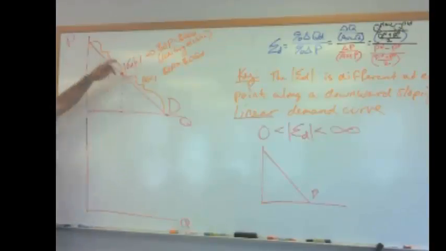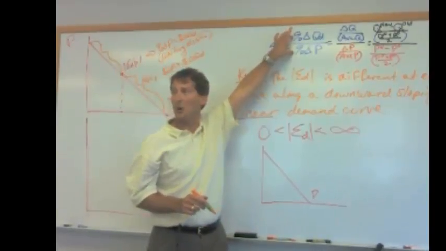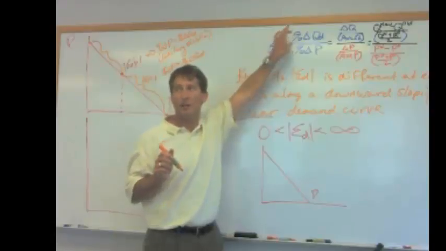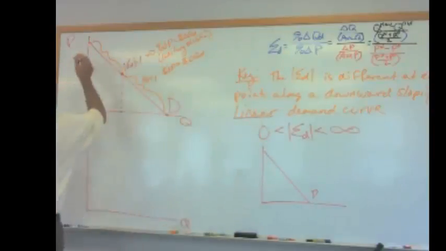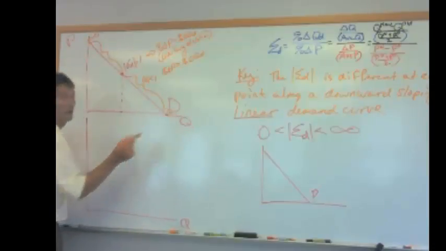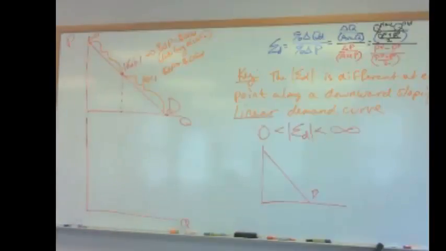Which one's bigger, the percentage change in quantity or the percentage change in price, as we get close to that endpoint? Quantity. So it's blowing up on us. So at this endpoint, it's infinity. At this endpoint, it's 0. There's your range of everything in between. If we were right on those endpoints, that would be close, but we never quite get there if we're actually looking at the ranges. So those are just theoretical endpoints.